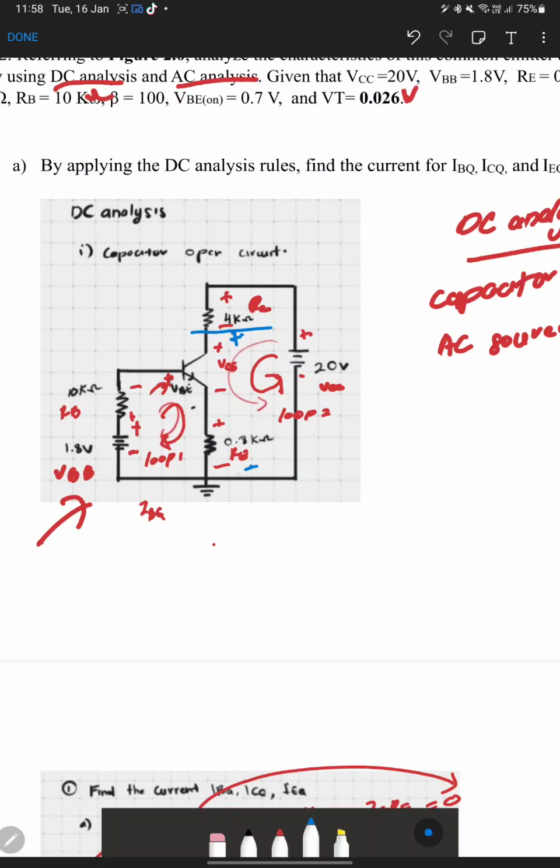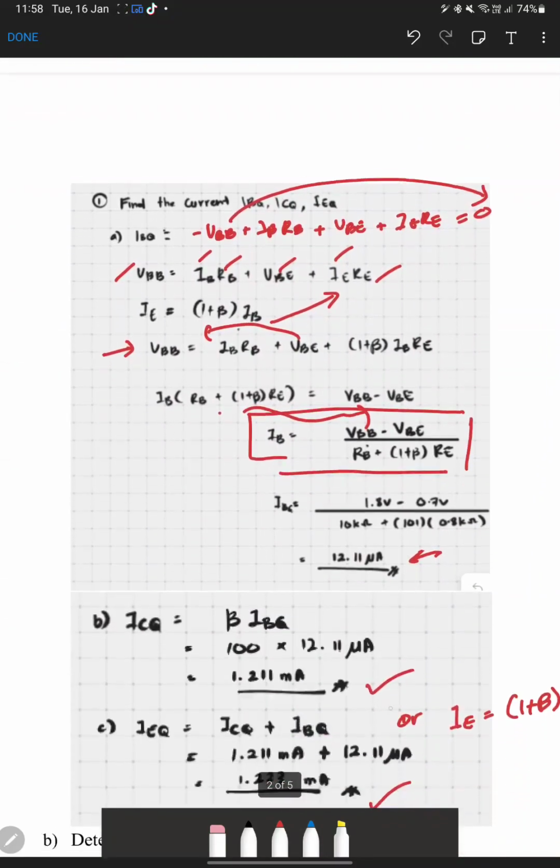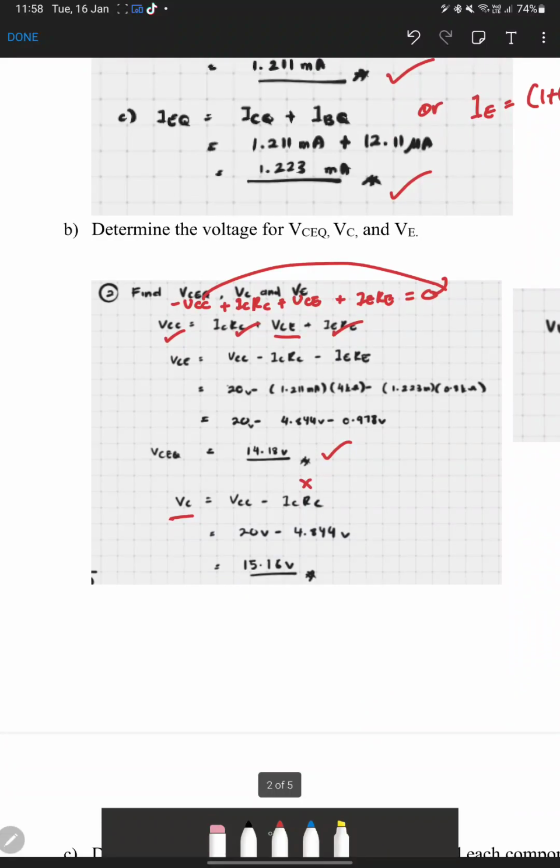The balance voltage 20 minus ICRC here, and the rest we call the VC. So that's why, to find the VC, VCC minus ICRC.